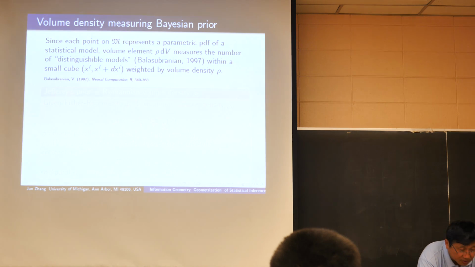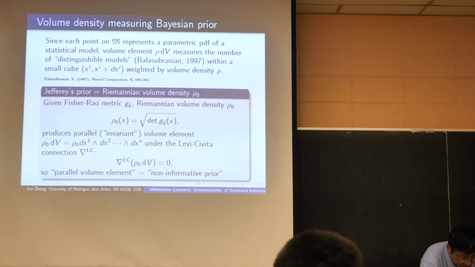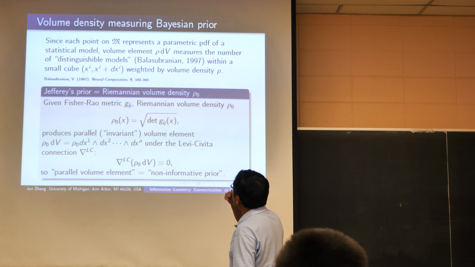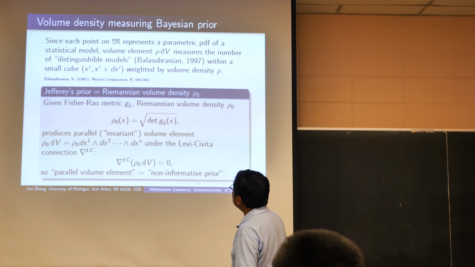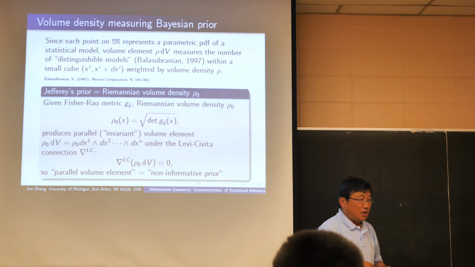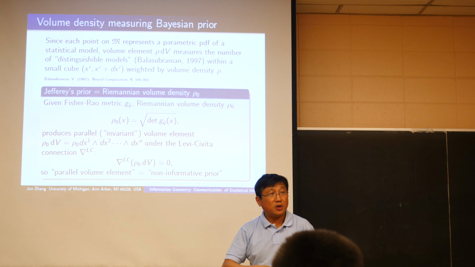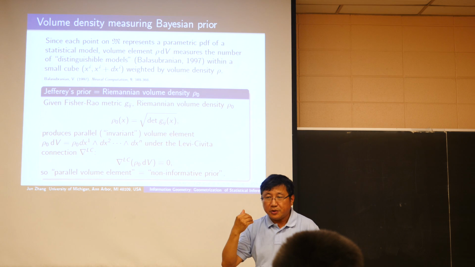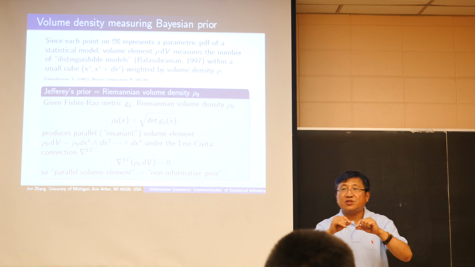I'll just quickly mention the volume. This was based on some work by Balasubramanian in 1997 in a Neural Computation paper. He showed how the Riemannian volume form can be, in a very rigorous sense, related to Jeffreys prior. We know the formula for the Jeffreys prior using the Riemannian volume density. But he gave a very rigorous argument from the perspective of distinguishable models.